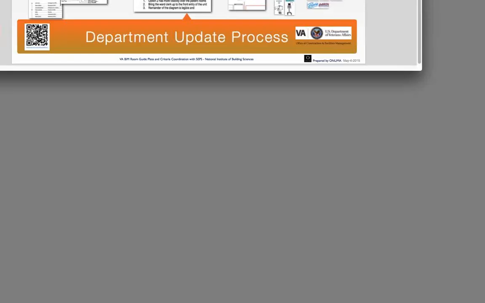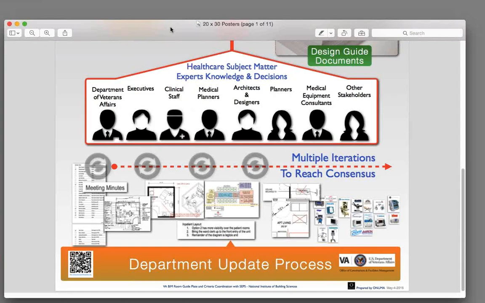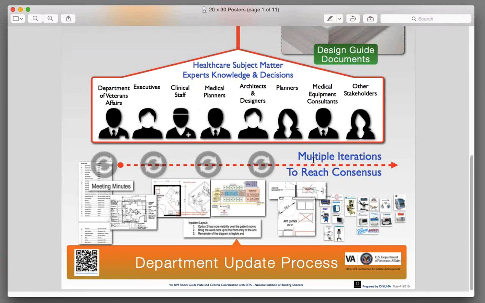Okay, one more thing before we open up for questions. I wanted to show the department updates that have happened over the last year. So dental, for example, was recently updated, and there are other departments that are coming online later this year.